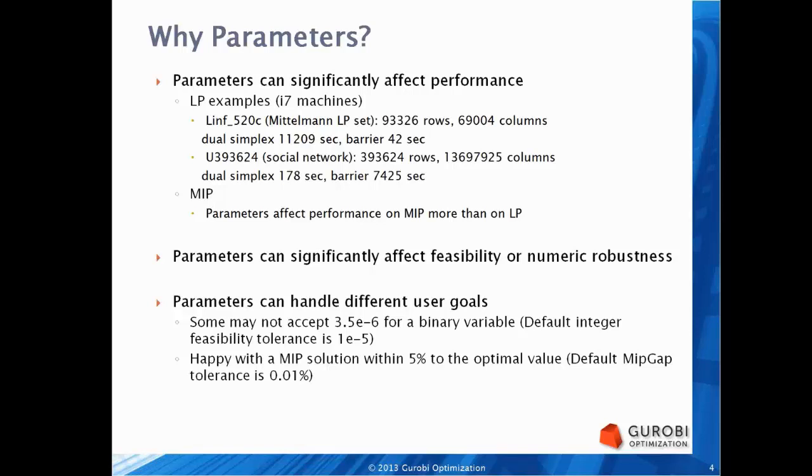Then we need a parameter to handle it. Also, for MIP there are often hard MIPs you cannot solve. But for many applications, if you get a good solution, it's good enough. We know for a lot of applications a 5% MIP gap solution is good and most people accept that. So we need a parameter to control it.